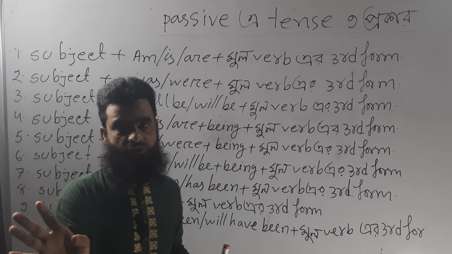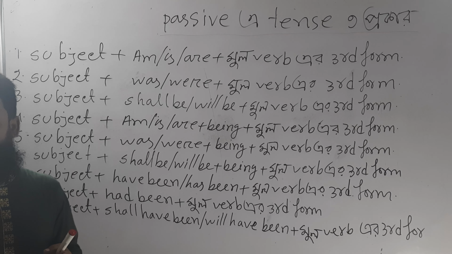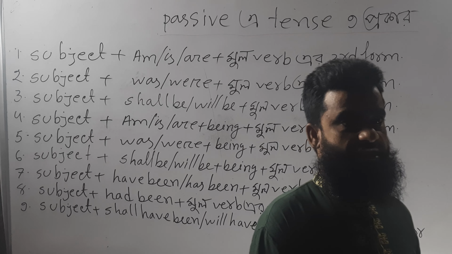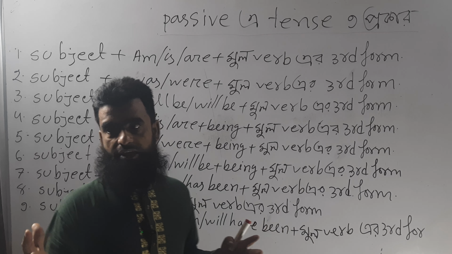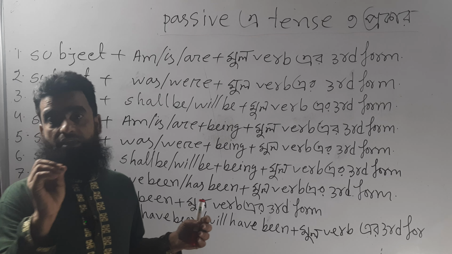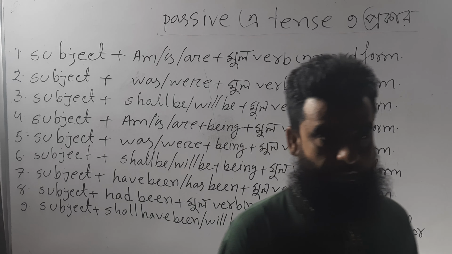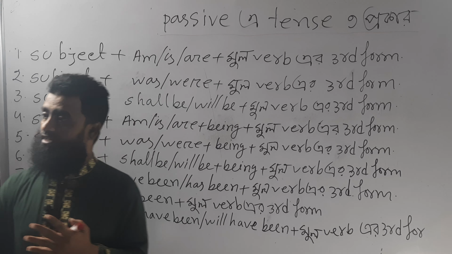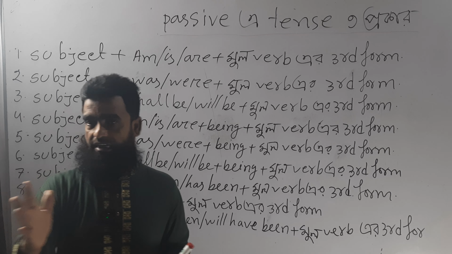But we should not follow GTM, grammar translation method, because our curriculumist has provided how we can use the language. By learning tense we can use the language accurately, is it not?